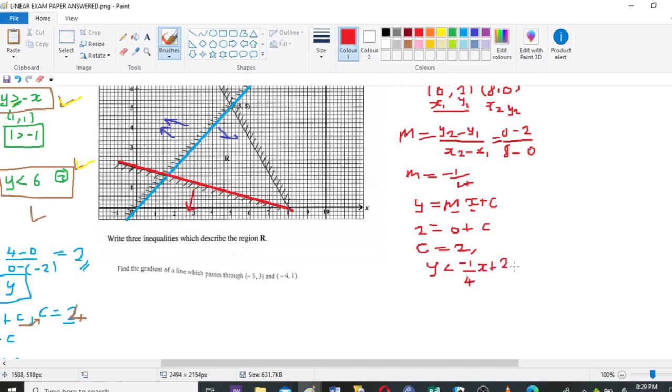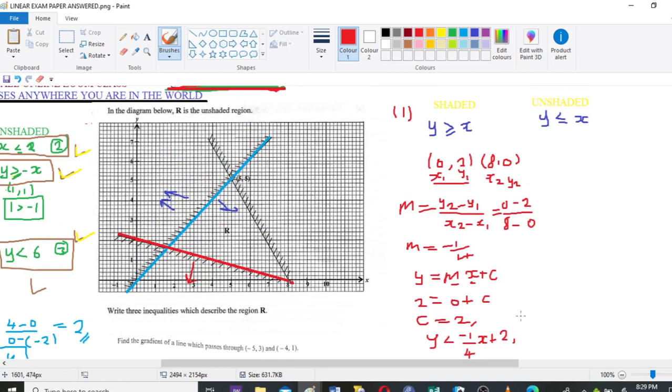So if this is the shaded region, then the unshaded inequality, which we should write here, is y, instead of less than, we are going to have greater than negative 1 over 4 x plus our constant number, which is 2, right?